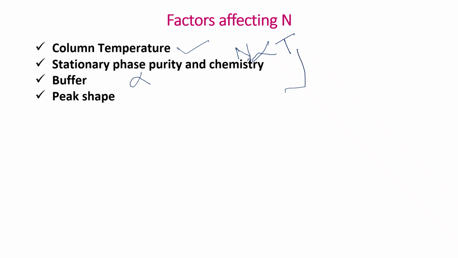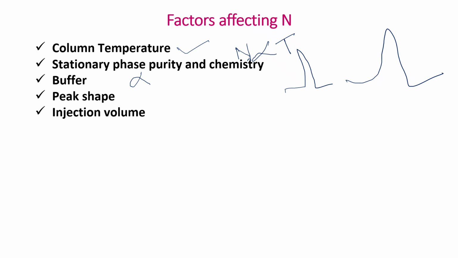Sharper the peak, higher the theoretical plate. Broader the peak, lower the theoretical plate. Injection volume. Theoretical plate is inversely proportional to the injection volume. When you are increasing the injection volume, theoretical plate will decrease.